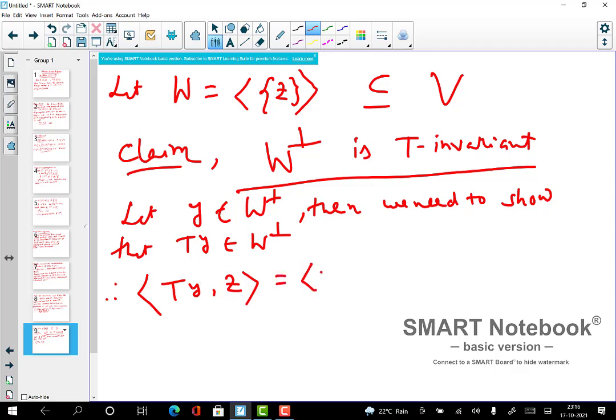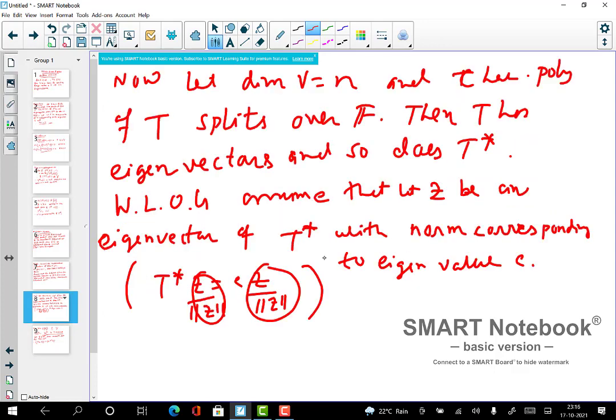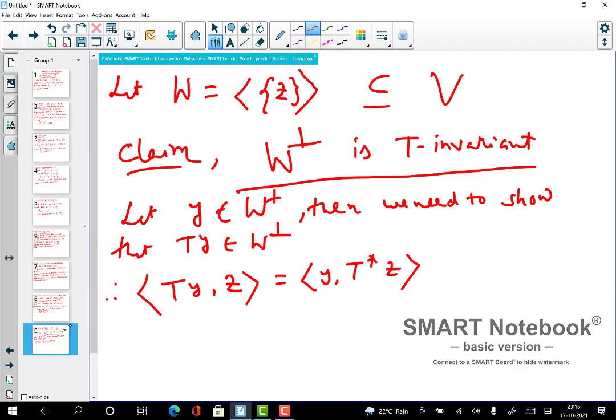But this is nothing but y comma T star of z. But we know that z is the eigenvector of T star with eigenvalue c. So what does that mean? That means this is nothing but y comma cz, right? Because z is an eigenvector of T star. Now the property tells you that this will be nothing but c bar times y comma z, right? But what was y? y is inside W perp, so y is orthogonal to z, and hence this is 0.